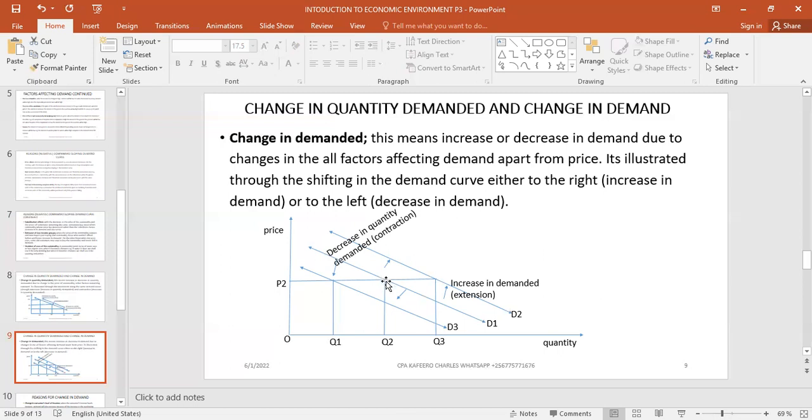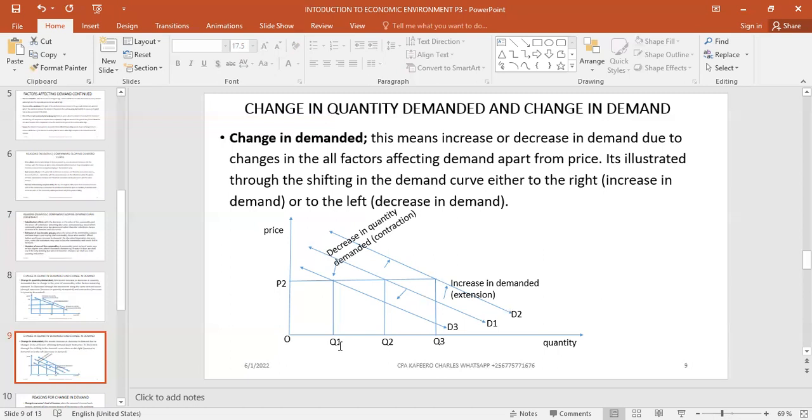So we expect, if the other factors keep changing, the demand to move to the left, and we said moving to the left is a decrease in demand or a contraction. A decrease in demand means this quantity, if the other factors are influencing the demand, we expect that the quantity which was OQ2 will reduce to OQ1.